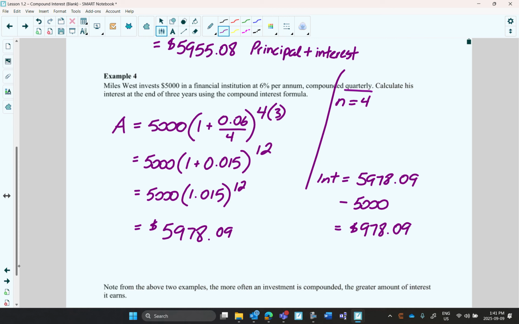So if 11 was here, I'd have to do 0.06 divided by 4 plus 1. And then I would have to raise that to the 44th. And then times that by 5,000.